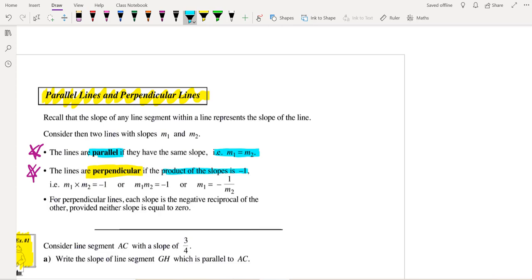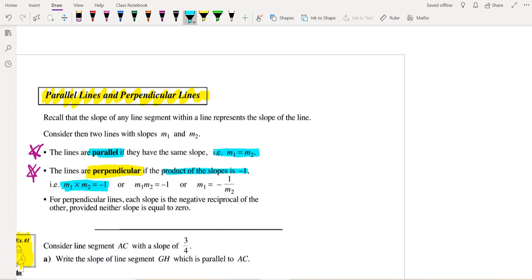So if I tell you the slope of one line is 1/2, and the second line is perpendicular to this, what is its slope? What you have to figure out is what number multiplies with 1/2 to give us -1. That's one way to think of it.